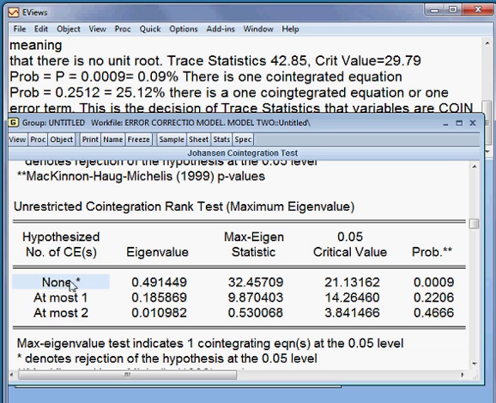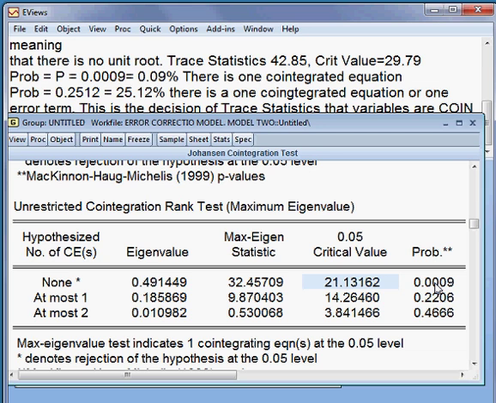The max eigen statistic is more than the critical value, meaning that we can reject the null hypothesis. And what is the null hypothesis? The null hypothesis is there is no co-integration. So we can reject this statement because the max eigen statistic is more than the critical value.